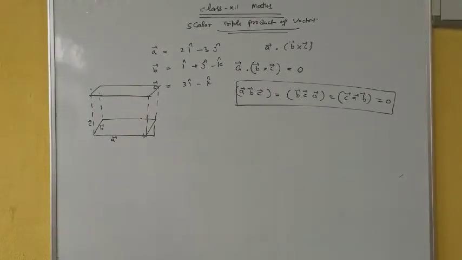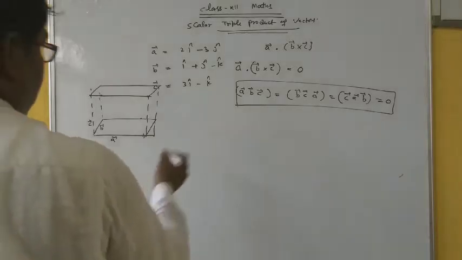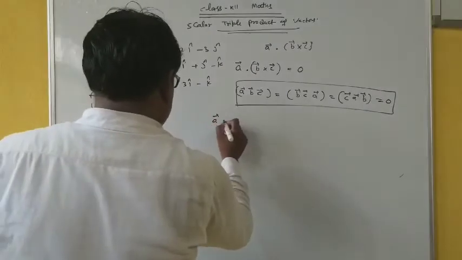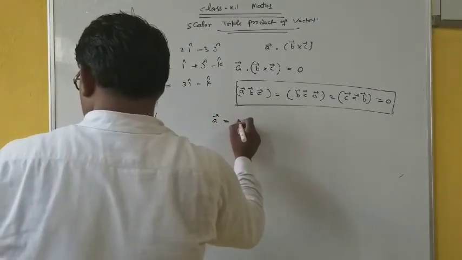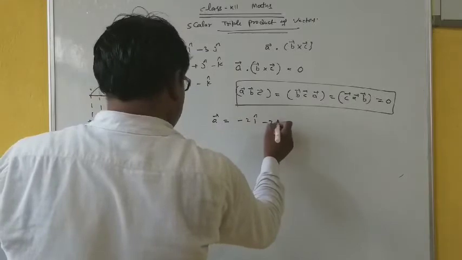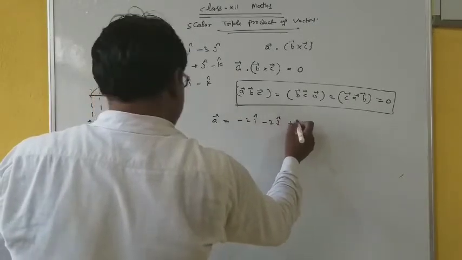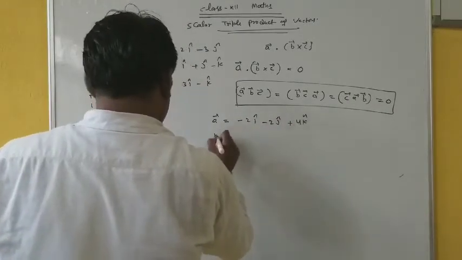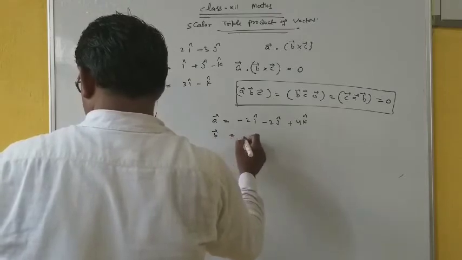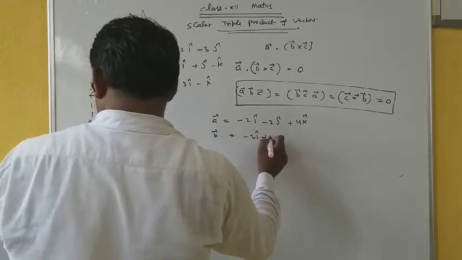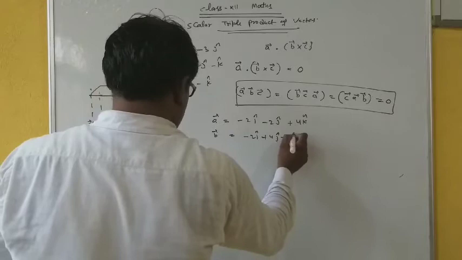For example, if you are given three vectors, vector A is minus 2i cap minus 2j cap plus 4k cap. Vector B is equal to minus 2i cap plus 4j cap minus 2k cap.